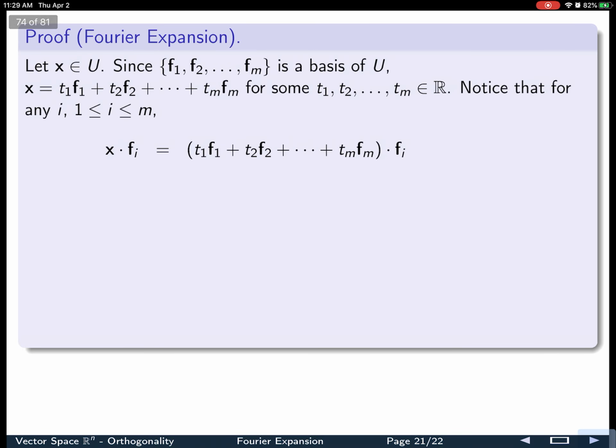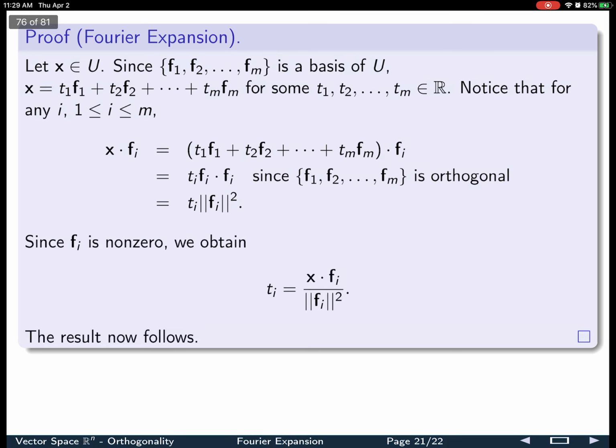Here we go. Again, this is just proof that the Fourier expansion actually gives you what you want. We're using properties of the dot product again here. But yeah, the projection is exactly what you want to determine these Fourier coefficients.